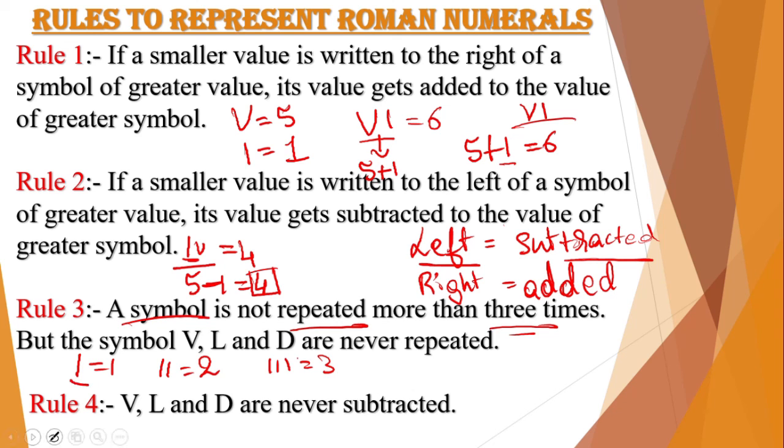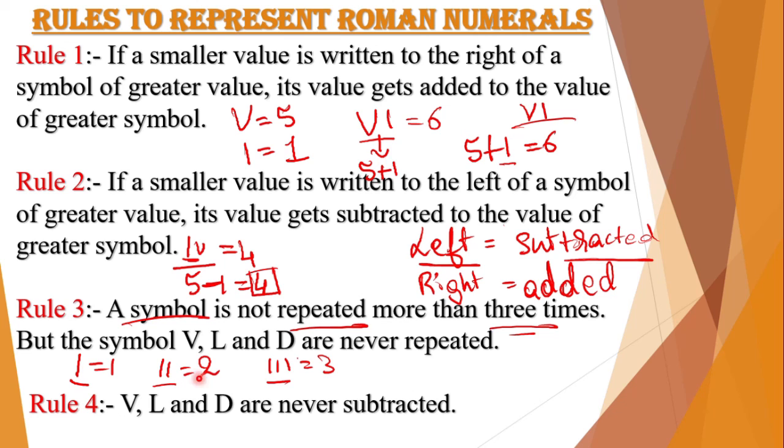So I is repeated 1 time. 2 is 2 times it's repeated. 3 times is also repeated. But 4 times it's not repeated. So the maximum number of times I is repeated is only 3 times, right? So this is the meaning of the first sentence.